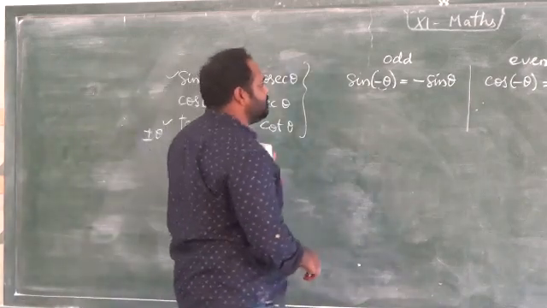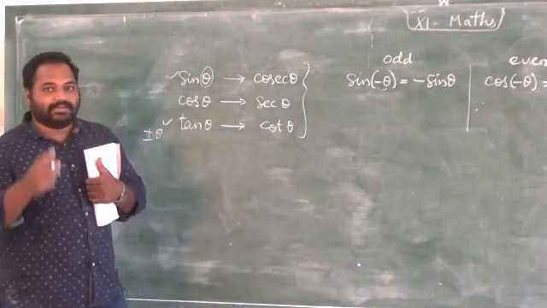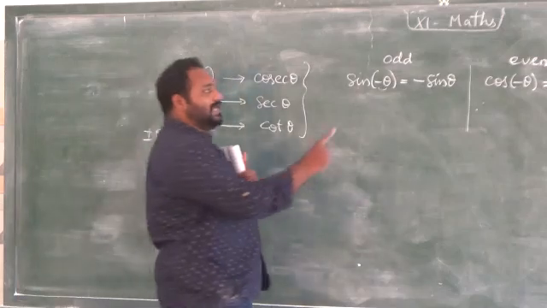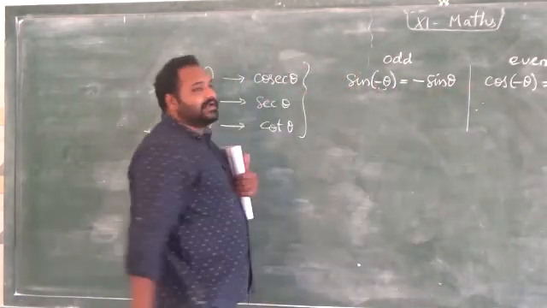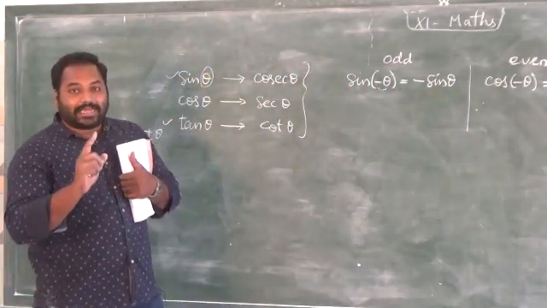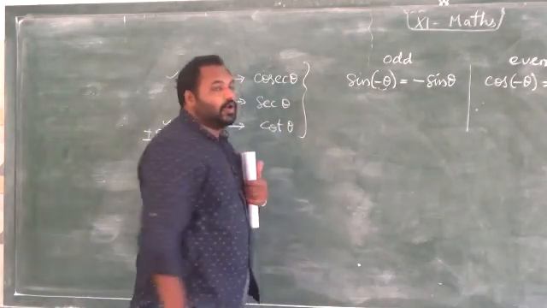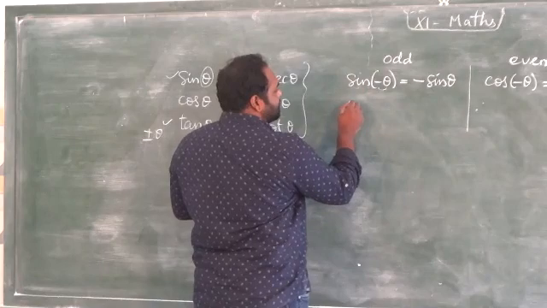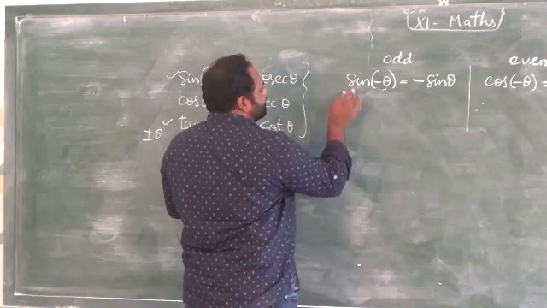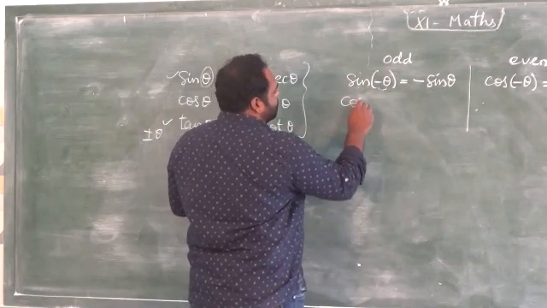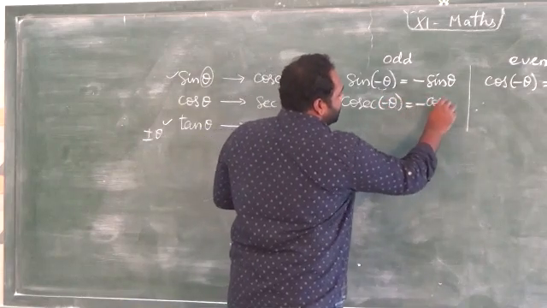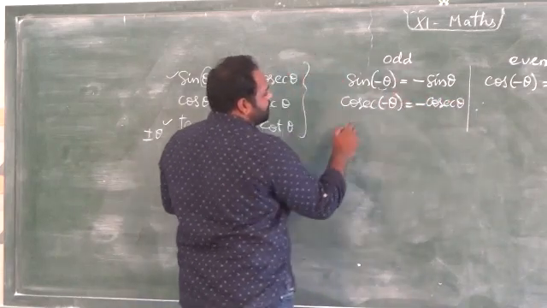So when the angle value is negative in even functions, the whole function will be positive. When the angle value is negative in odd functions, the whole function will be negative. So sine of minus theta is negative. Cosecant, the reciprocal of sine, also gives cosecant of minus theta equals minus cosecant theta, because it is in the sine family.